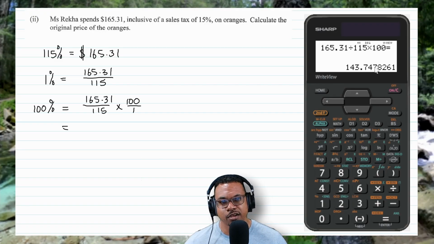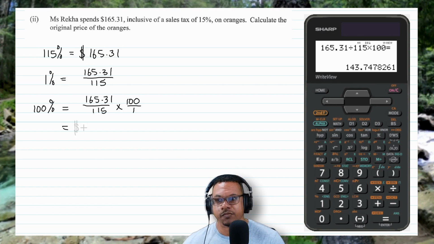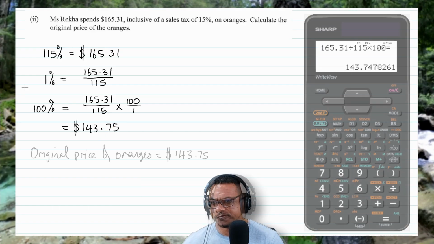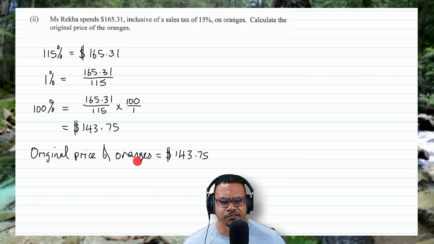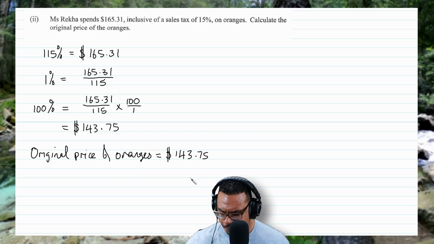After the 4 is a 7, so the 4 goes up by 1, and that'll be 75. So we'll have 143.75. So this would be the original price of the oranges. So let's write out: the original price of the oranges is $143.75.